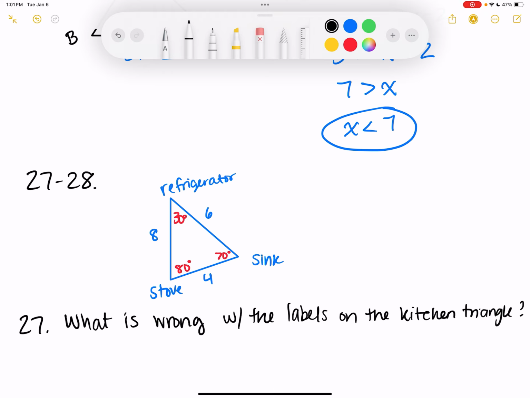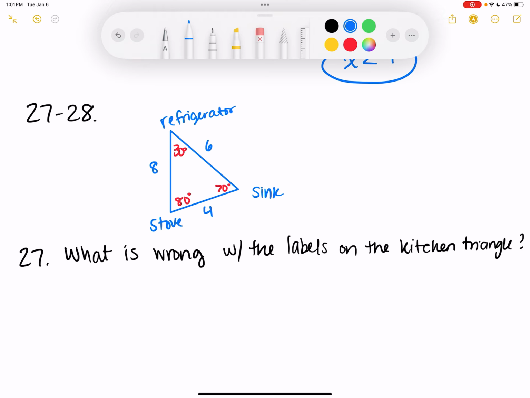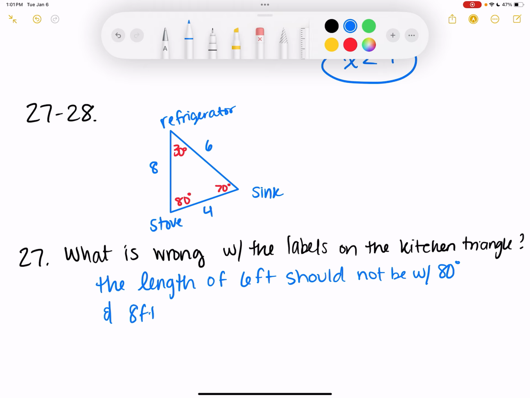Yep, so basically, the length of 6 feet should not be with 80 degrees. And 8 feet should not be with 70 degrees. They need to be swapped.